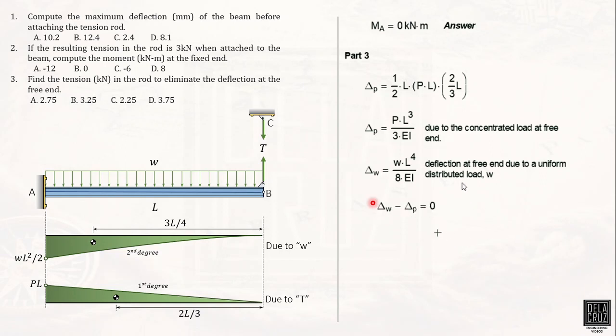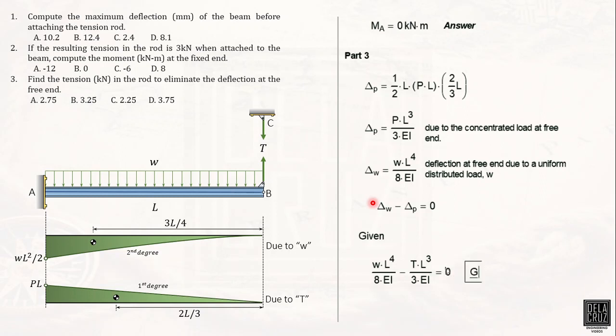Then we want to calculate the value of T. The P na gagamitin natin dito, that would be the value of T. Ito yung delta W natin minus tension. I-change ko siya into tension para specific, no? Dapat equivalent siya to 0.